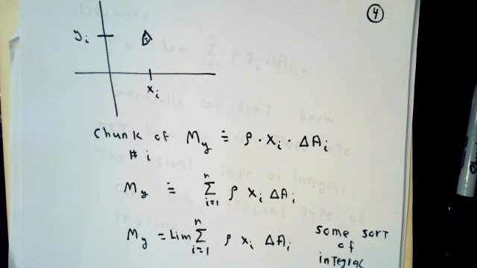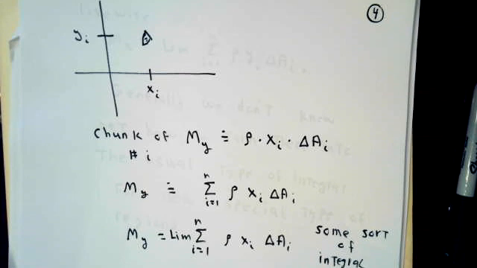This little piece of my region is going to have a contribution to the moment about the y-axis as the mass times the distance out from the y-axis, either in the plus or minus sense.